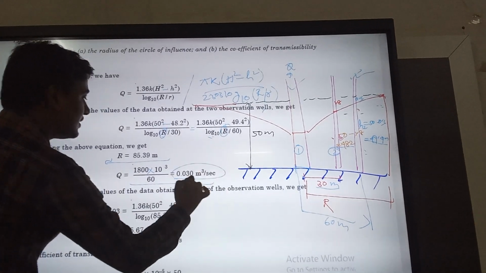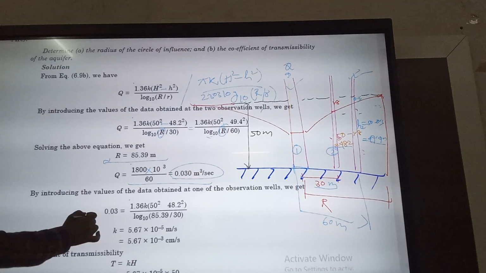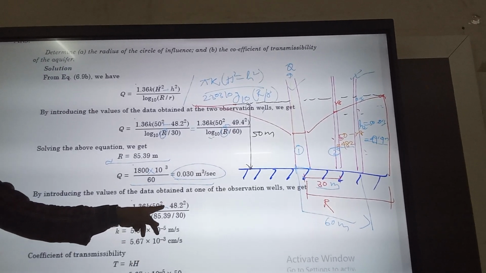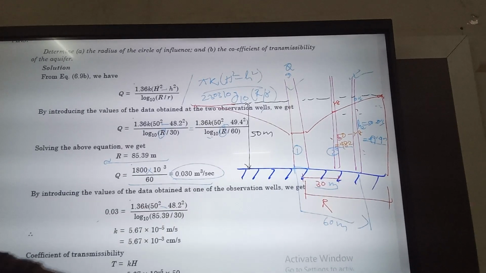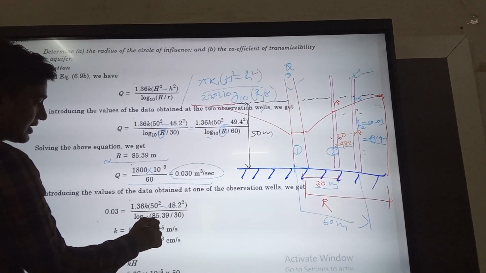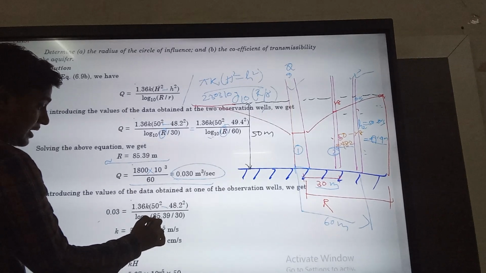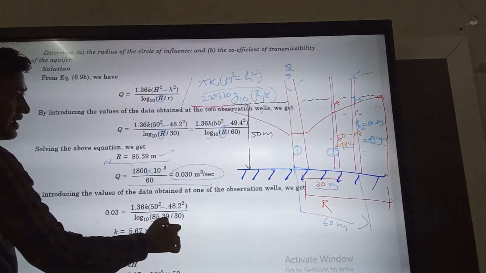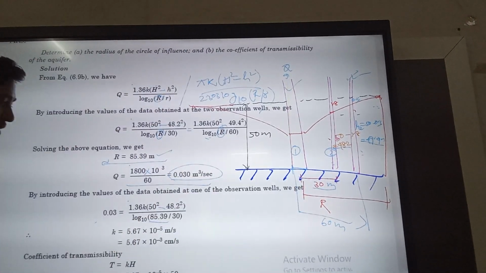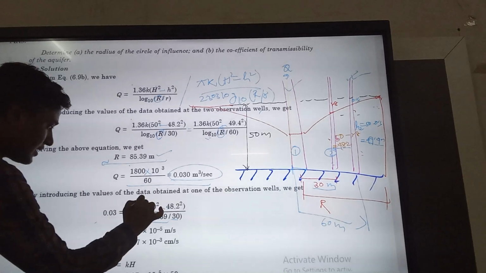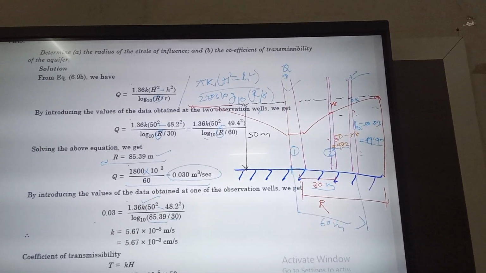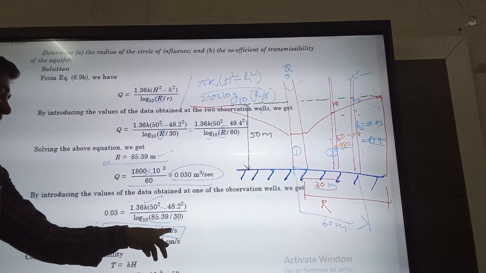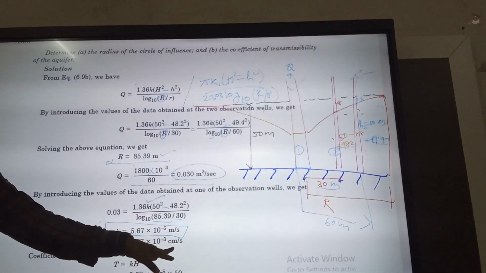Now Q equals 1.36 K times 50 square minus 48.2 whole square divided by log 10 R by 30, where we put the value of R as 85.39 and consider observation well number 1, that's why we use 30 here. So here only K is unknown. We find the K value is 5.67 into 10 to the minus 5 meter per second. You can also convert the meters into centimeters.